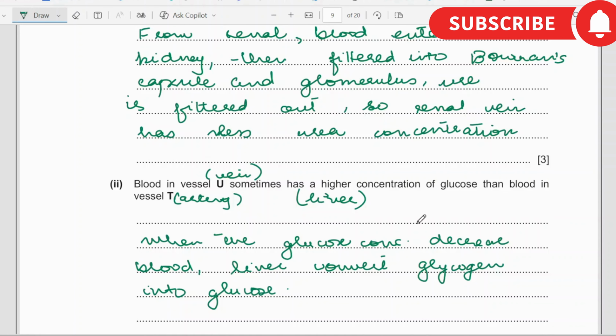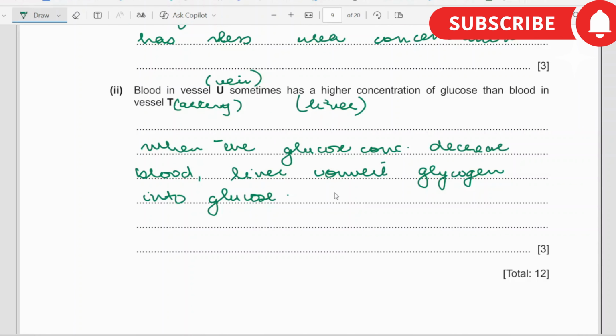So as a result, it passes out of the liver, and the blood would have higher concentration of glucose. That's why vein has more. Yes, you can mention.